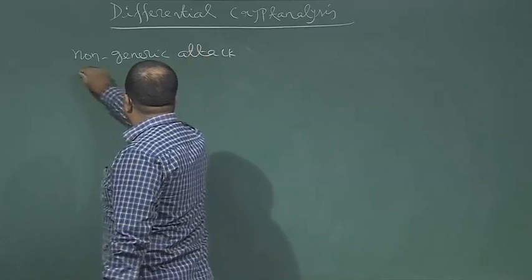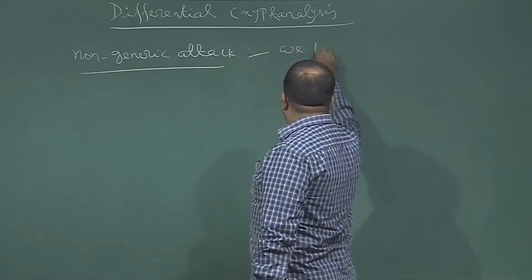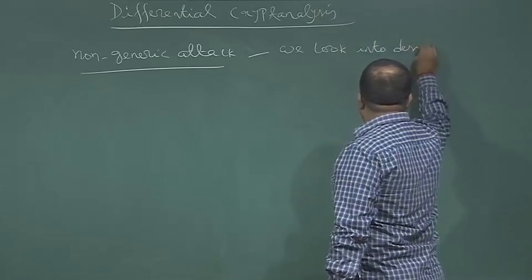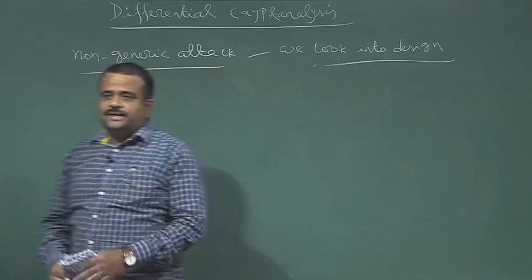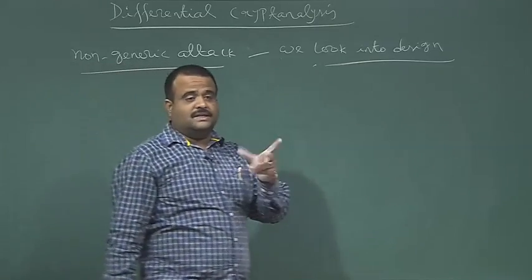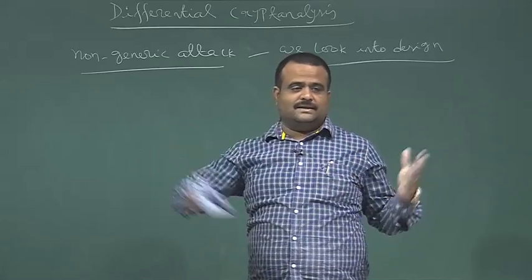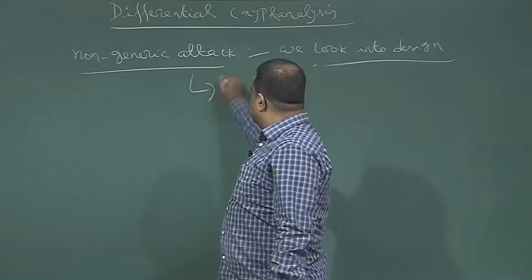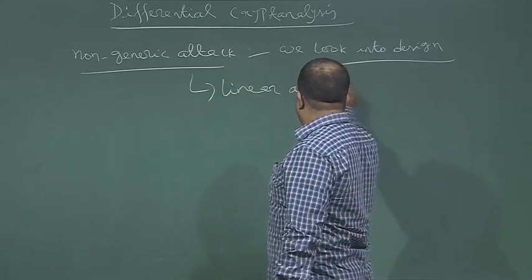So, in the non-generic attack we look into the design of the cipher, and then we try to find out whether there is any flaw or not. If there is a linear relationship between the plain text and the ciphertext, that is a linear attack. So, non-generic attacks are basically linear cryptanalysis.